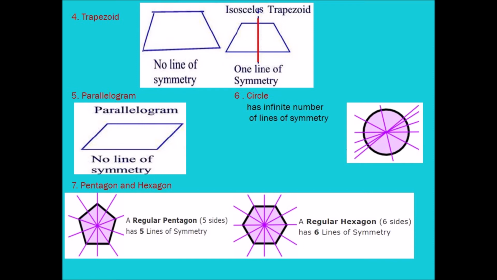The last two figures are the pentagon and hexagon, and their numbers of lines of symmetry are related to their number of sides. The pentagon has 5 sides and 5 lines of symmetry. Also, the hexagon has 6 sides and 6 lines of symmetry. That's all for the shapes.